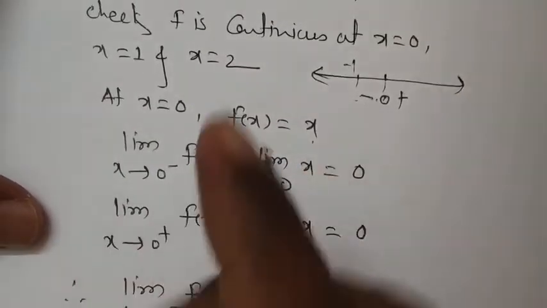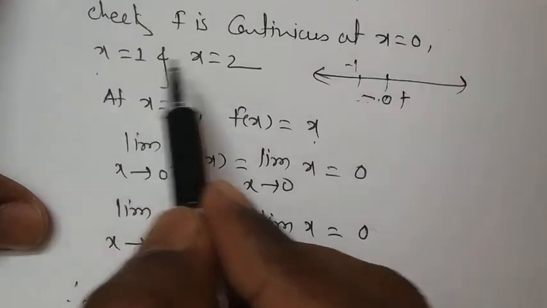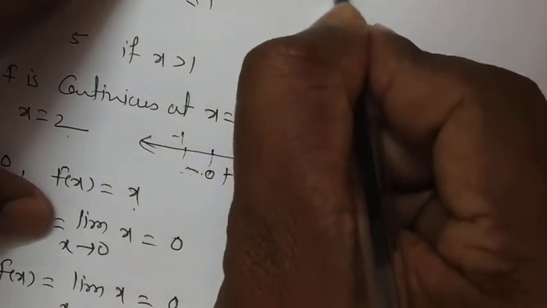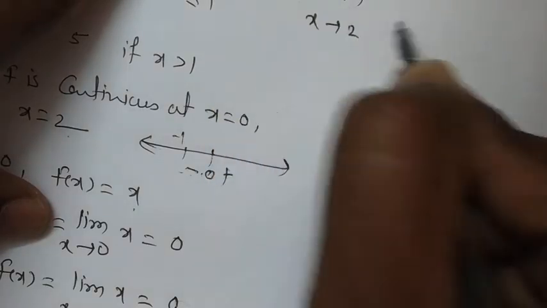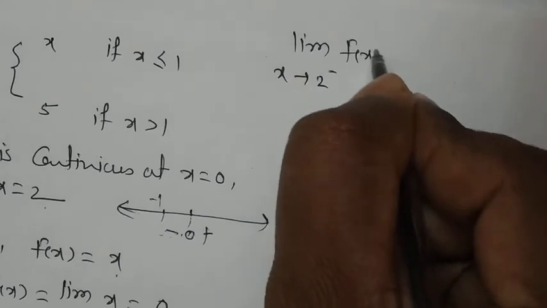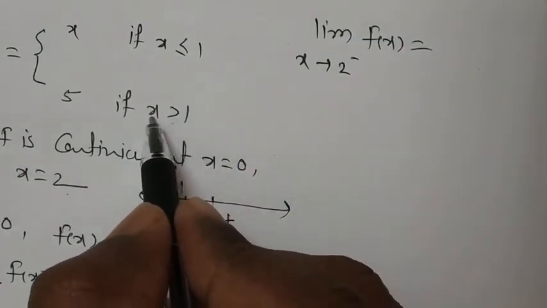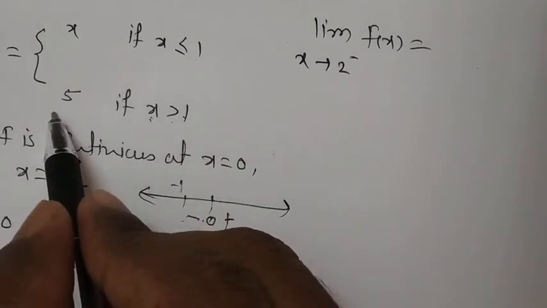Now the next question is what? f is continuous at x equals 2. Now limit x tends to 2 minus of f of x. For this, 2 is greater than 1, so x is greater than 1, the answer is 5.